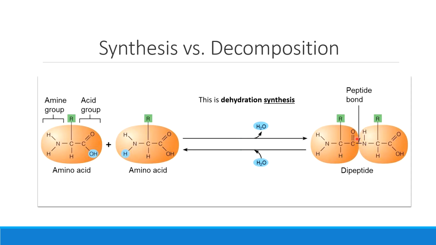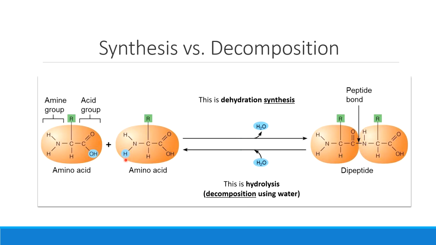and a peptide bond. But when we need to recycle proteins in the body, we're not going to want to do dehydration synthesis. What we're going to want to do is what's called hydrolysis. Now, hydrolysis is a form of decomposition reaction. This particular decomposition reaction, the way that I break down the bond is by adding water across each side.